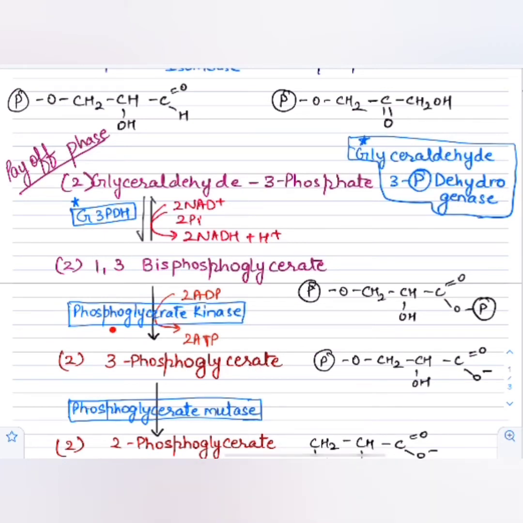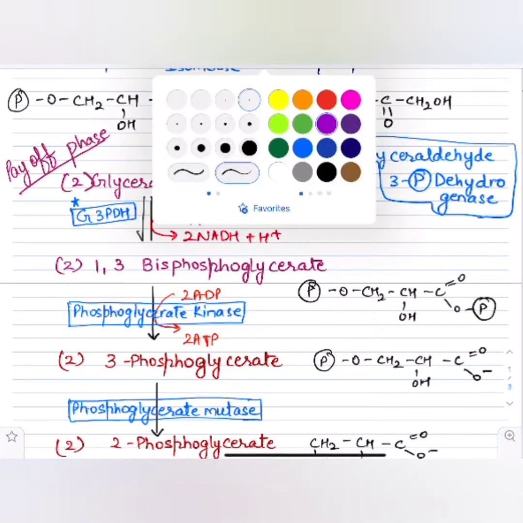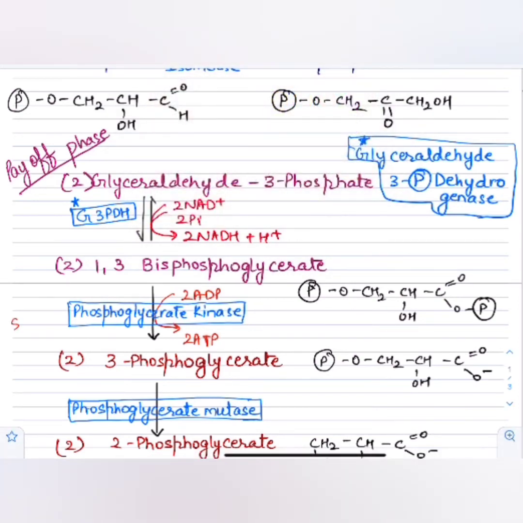In the next step, phosphoglycerate kinase catalyzes conversion of 1,3-bisphosphoglycerate to 3-phosphoglycerate. This reaction is called a substrate level phosphorylation reaction. It's called so because this substrate, that is 1,3-bisphosphoglycerate, donates its phosphate group to ADP molecule so that it can become ATP.